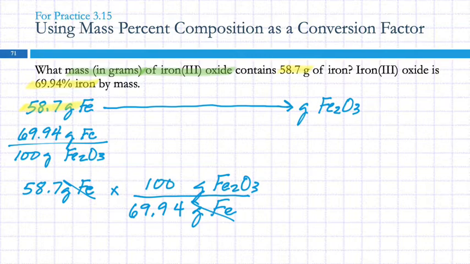Just a note about sig figs. When we say 69.94%, it's 69.94 per exactly 100 grams. So we don't have to think about the significant figures in there because that's a definition. So 58.7 times 100 divided by 69.94.